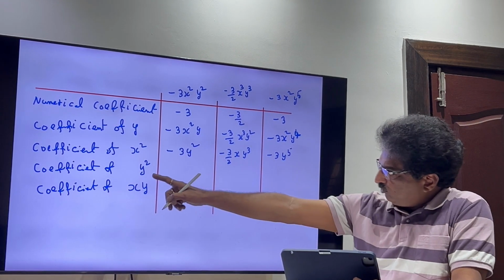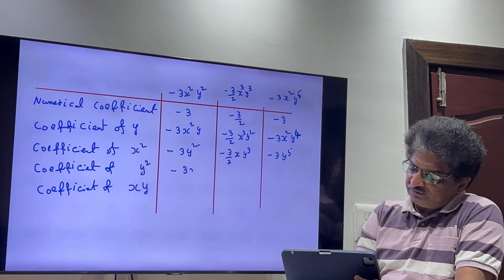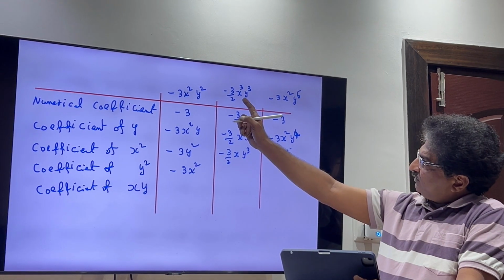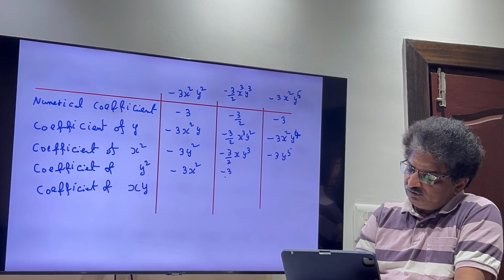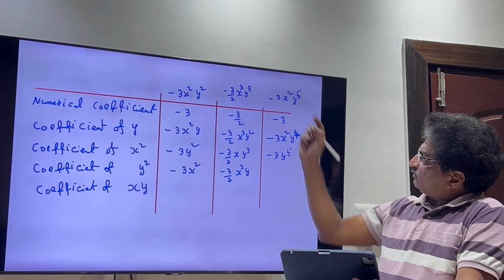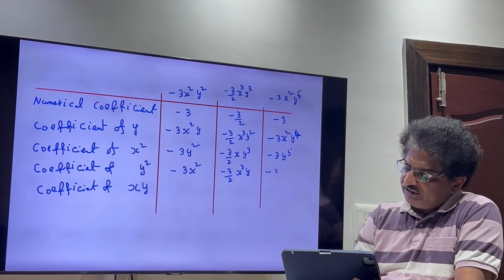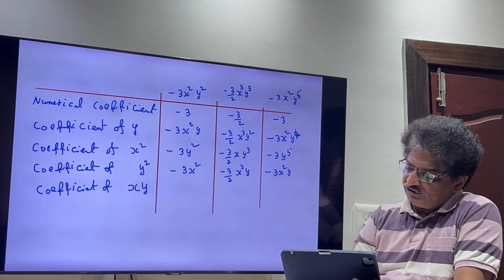Next, coefficient of y square. In this one, coefficient of y square equal to minus 3x square. Here, coefficient of y square equal to minus 3 by 2 x cube y. Here, coefficient of y square equal to minus 3x square y power 3.